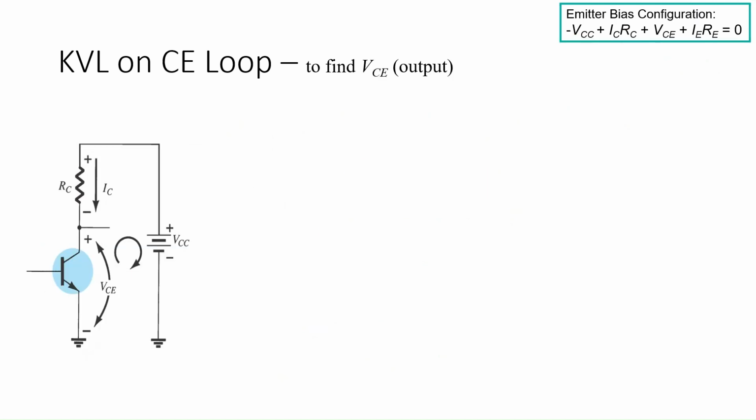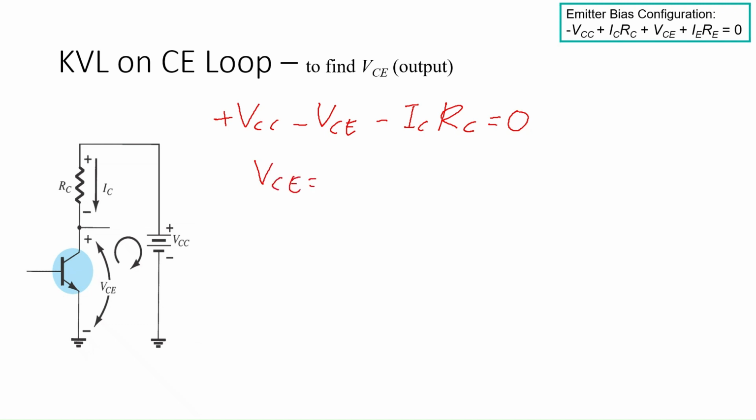Okay, for the KVL on the CE loop, we will use clockwise. We start with the positive VCC first, and then we have the voltage drop at VCE, the voltage drop between the collector and emitter terminals, and then the voltage drop at RC. This is the complete loop. It should be equal to 0, and then we rearrange the equation to find VCE.